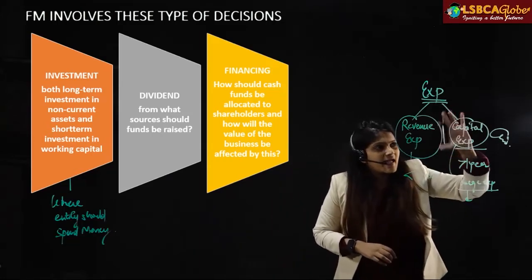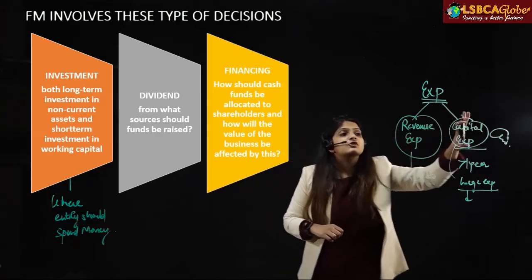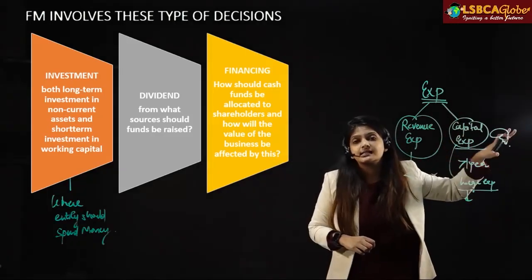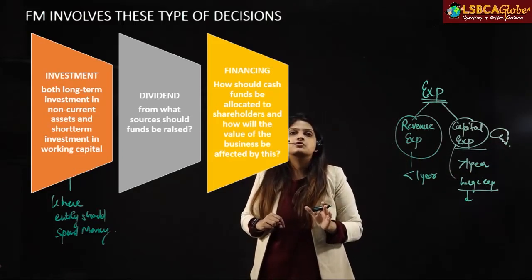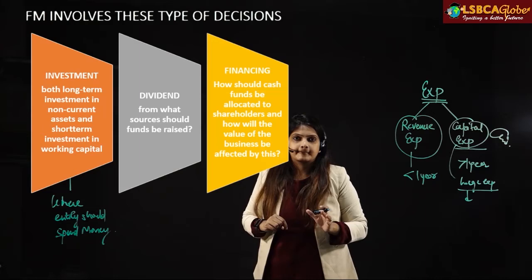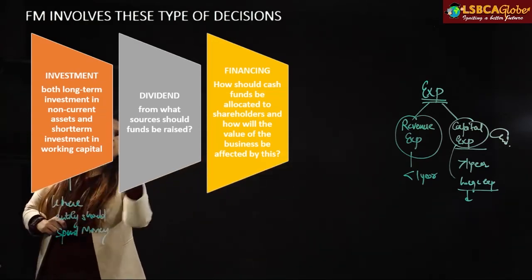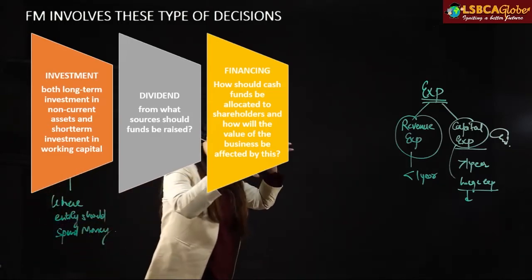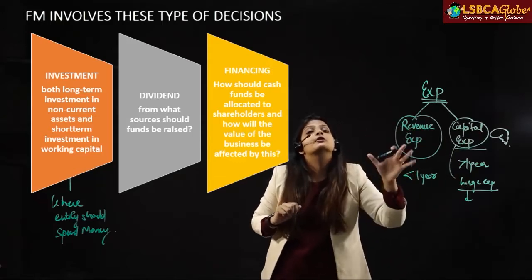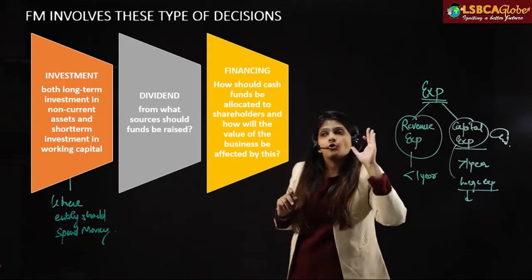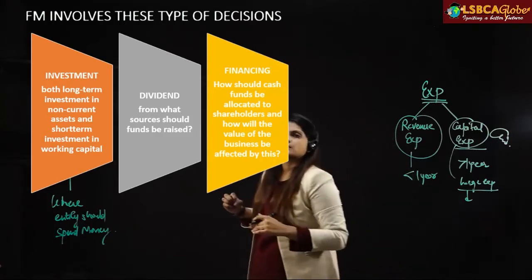So under investment related decisions we'll see in which capital asset the entity should spend its money, and how much revenue expenditure should be done. We'll be studying how much money to be spent on long term assets, and how much on short term assets. Overall, spending related decisions are taken in the investment decision.